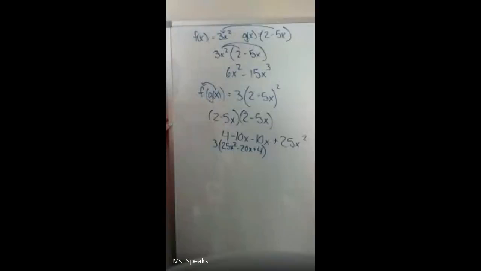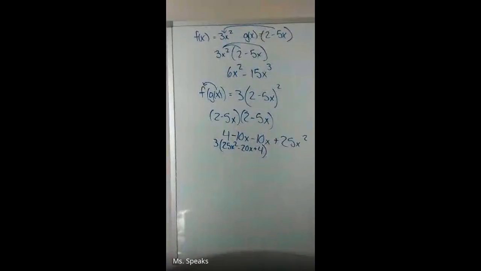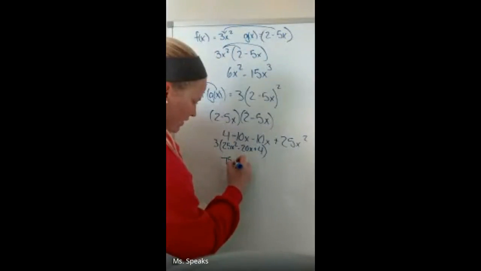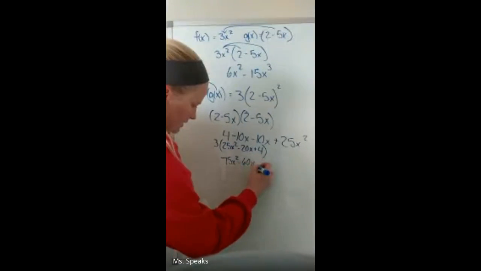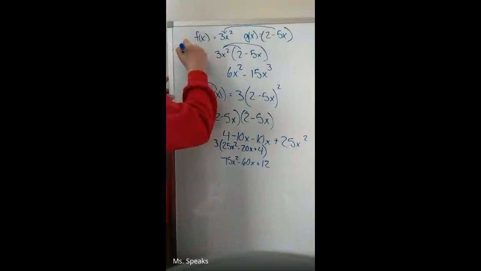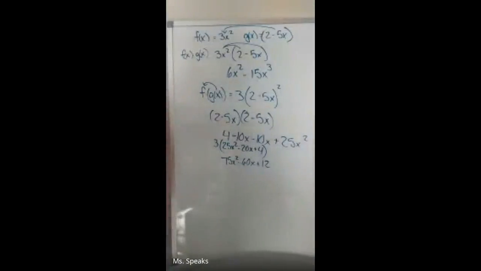So we're going to distribute that 3 there. Okay, so now I have 75x squared minus 60x plus 12. Okay, so make sure it's a notation issue, but make sure you understand the difference between this is f of x times g of x, right? And most of the time they'll have parentheses there. This is f of g of x.